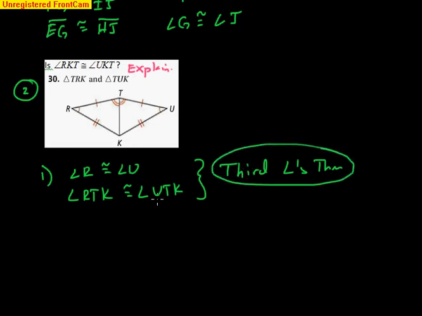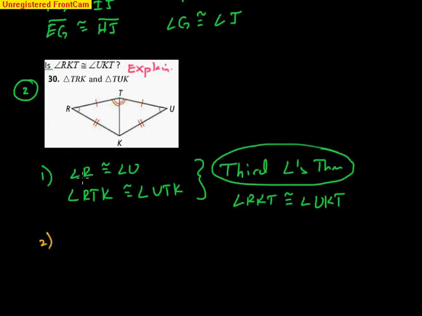The third angles theorem says that if 2 angles in one triangle are congruent to 2 angles of another triangle, then the third angles are also congruent. So therefore, angle RKT is congruent to angle UKT. So that's the first way.